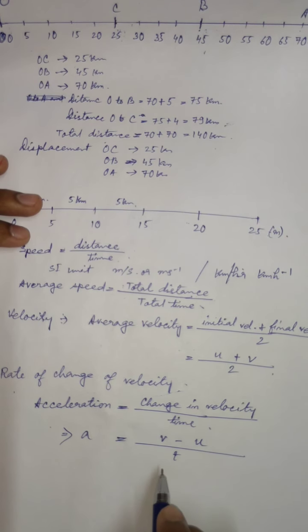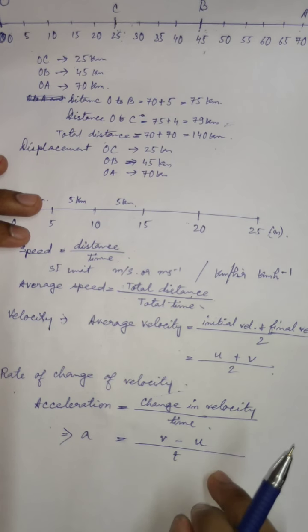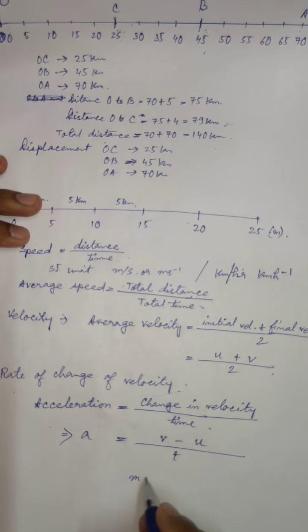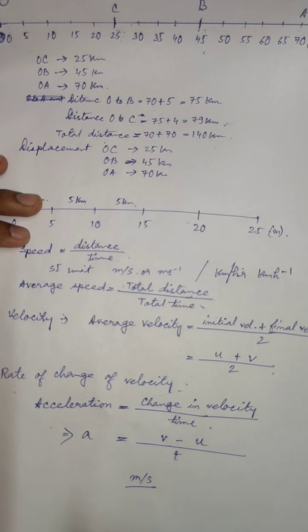So what is the unit of this? See, v minus u is also velocity, so already we have meter per second. Again, t is in the denominator, so again second.